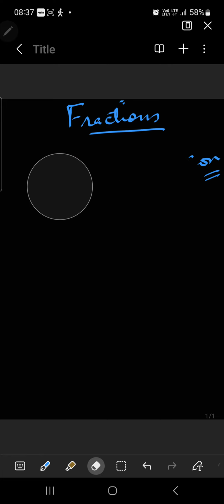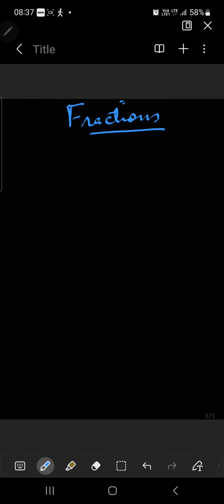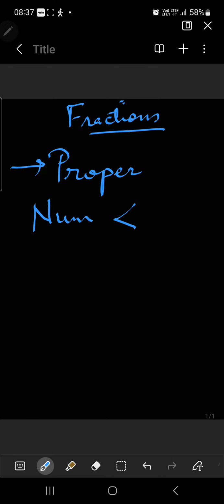Now going forward to the types of fraction. The first fraction is our proper fraction. What is this fraction? In this type of fraction, your numerator is less than your denominator. Okay?